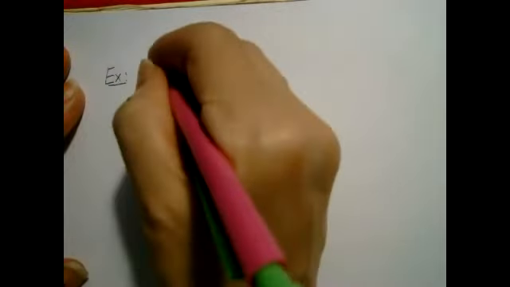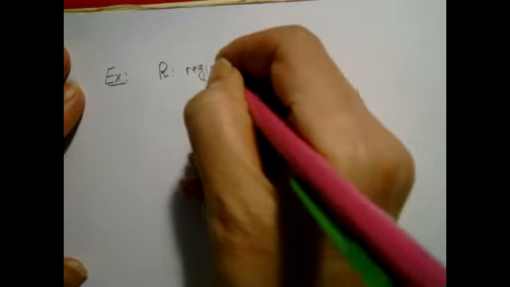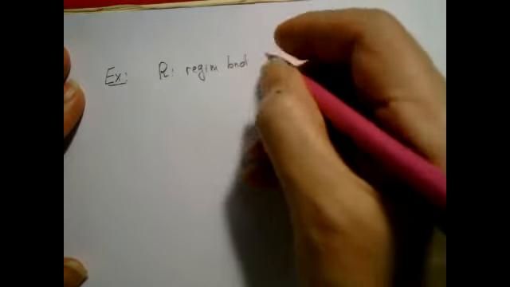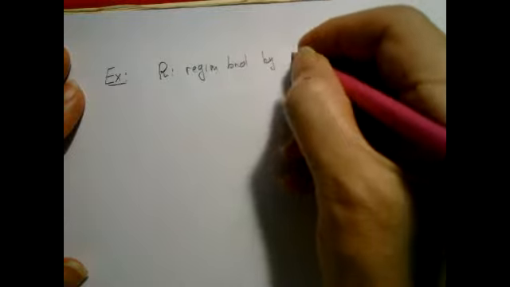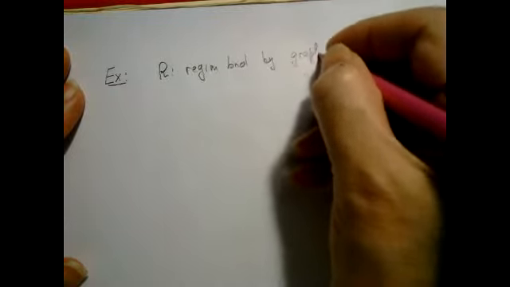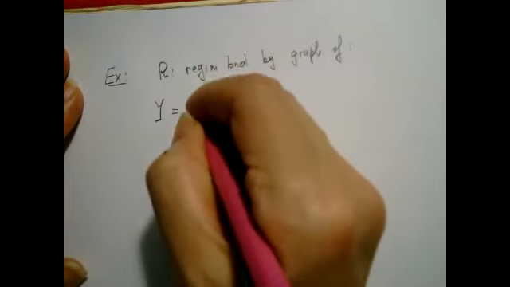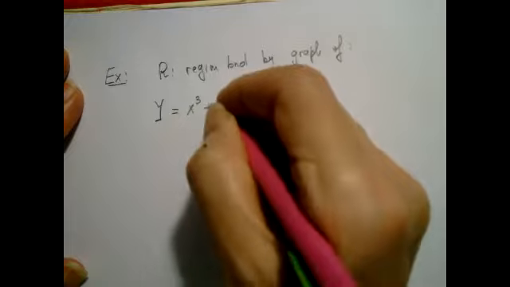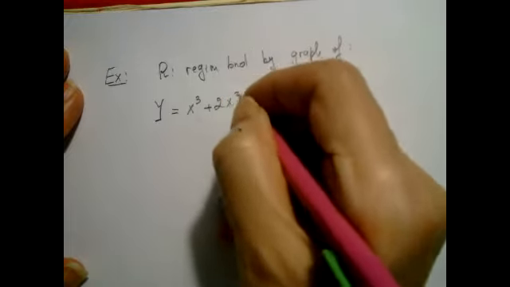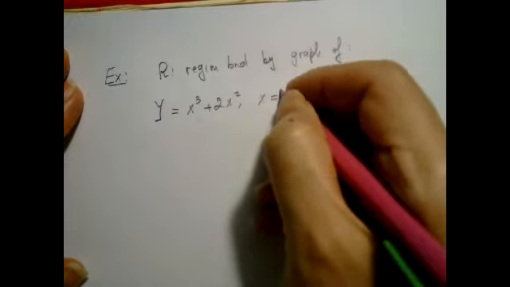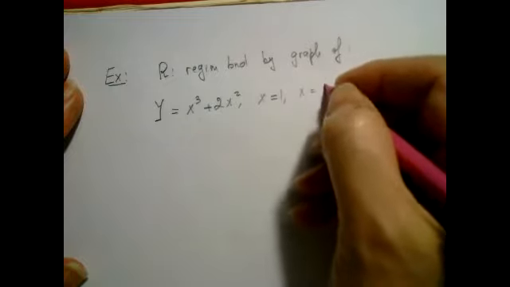Suppose, very easy example, R is the region bounded by the graph of y equals x to the power 3 plus 2x squared, the lines x equals 1 and x equals 0.